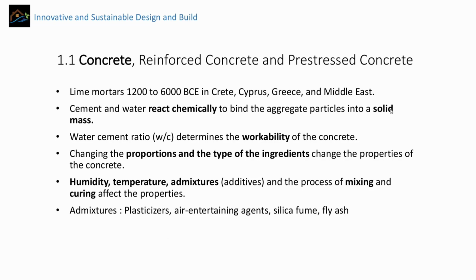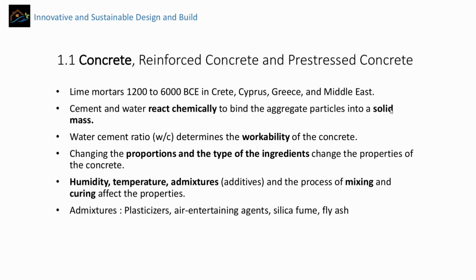And the water-cement ratio determines the workability of the concrete. Once the water and cement are mixed, there is a unique proportion of water that is needed to react chemically with the cement. Any other addition to this ratio determines the workability of the concrete.